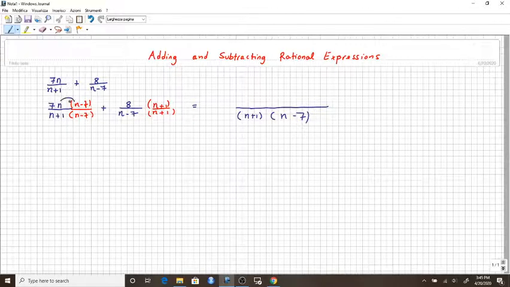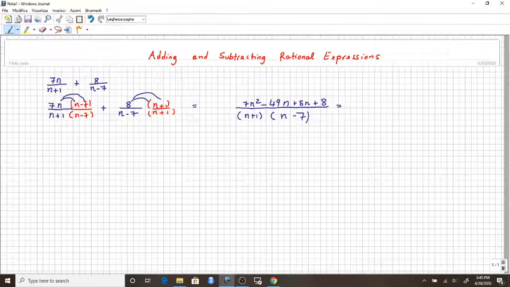7n times n, using the distributive property, is going to be 7n squared. 7n times -7 is -49n, and then 8 times n is 8n, and 8 times 1 is 8.